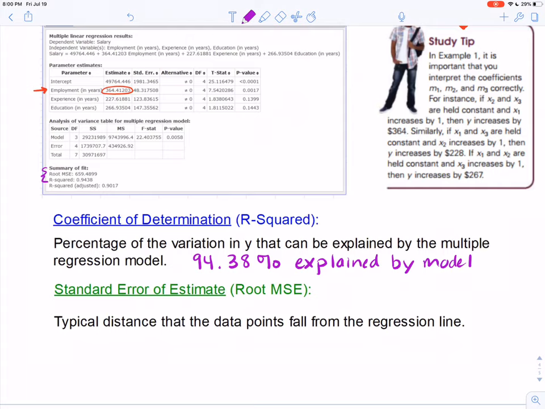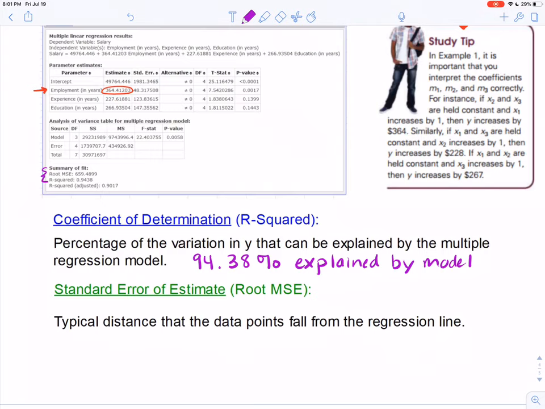Now, that's a percentage that we want to be high, because the remaining percentage here, a little over 5%, would just be random error. And so the higher that random error is, the worse our regression equation is doing in terms of making that prediction. So that is a percentage that we want to be high. Otherwise, our model, our equation is not going to do a real good job of making accurate predictions.